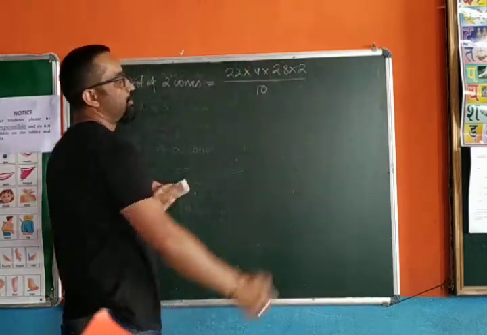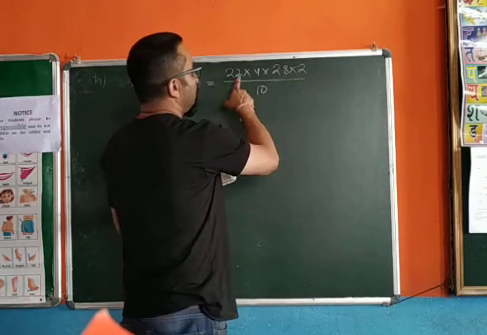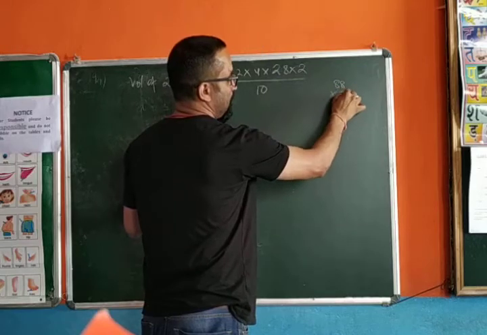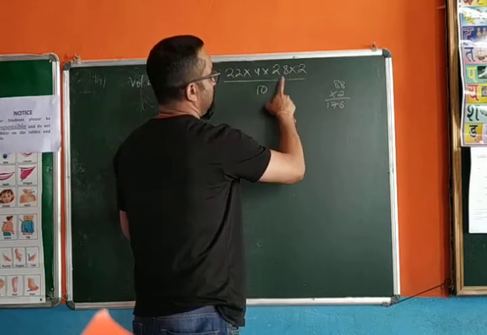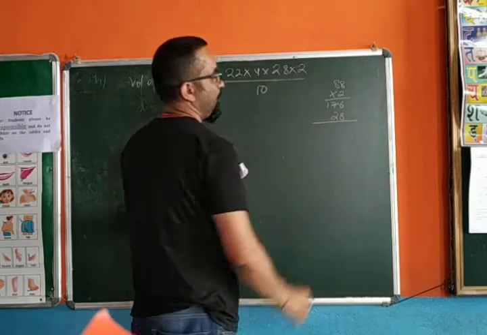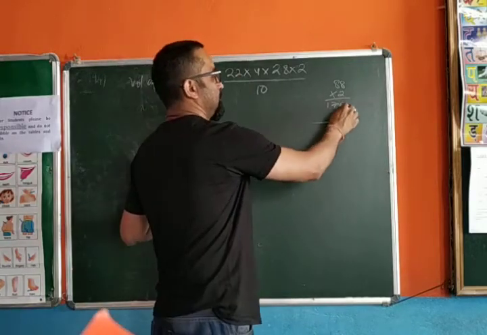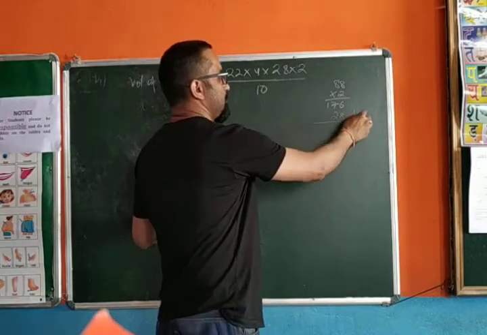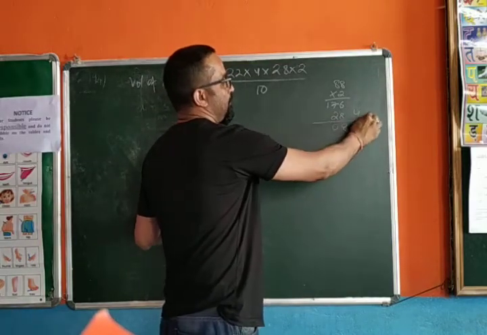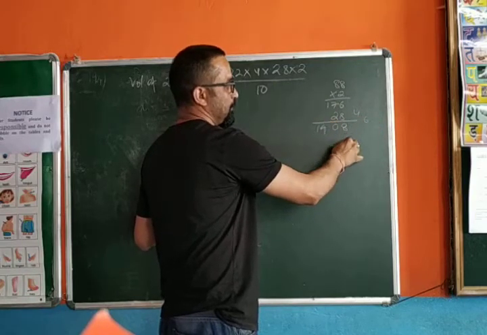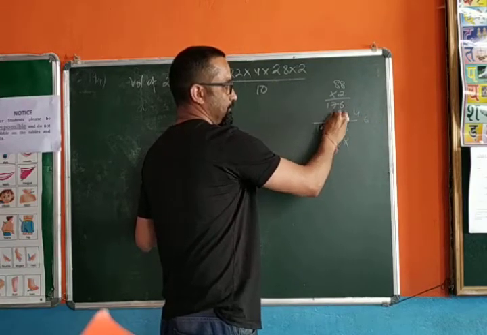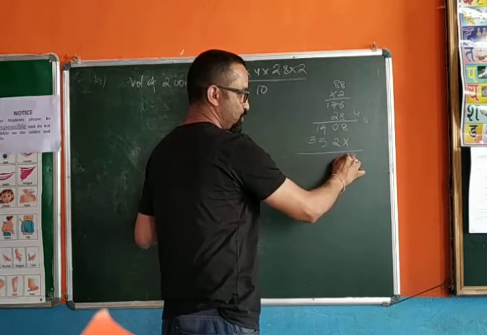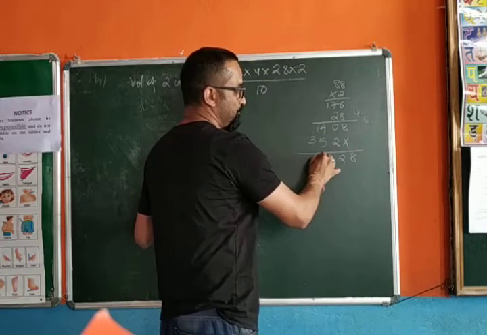The numerator multiplies. 22 into 4 is 88, 88 into 2 is 176, multiplied by 28, which gives 4928.